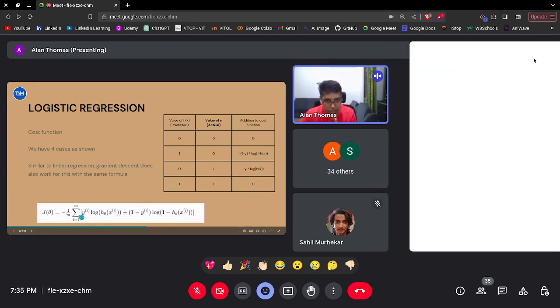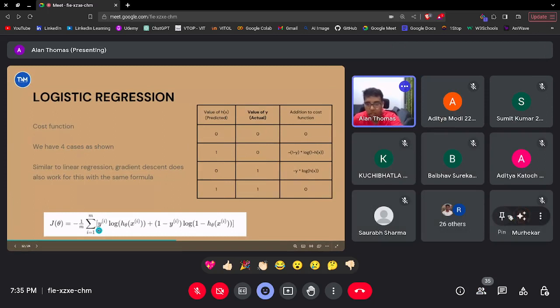But if not, for example, you predicted 1 but it's actually 0, then yi is your actual value, so yi is 0, so this whole part becomes 0, and you're left with 1 minus 0, and then you take the minus, so minus (1 minus yi) into log of 1 minus hypothesis of x.